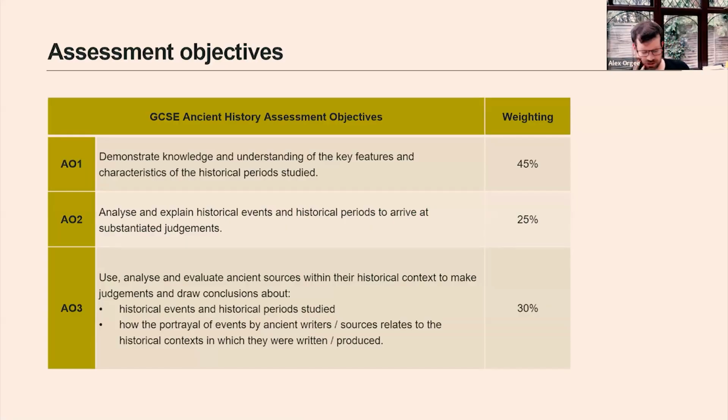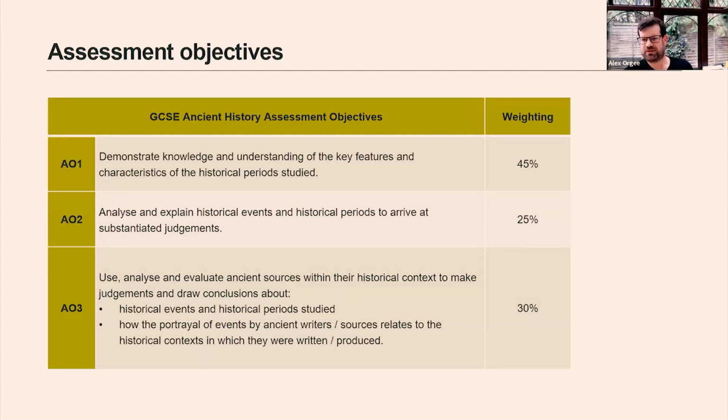But before I do that, I thought it would be useful to show the assessment objectives for GCSE Ancient History. As you can see, there is quite a high level of similarity to the GCSE history assessment objectives. I believe the AO1 assessment objective is worded identically to that in GCSE history.